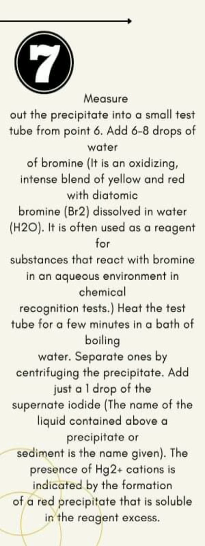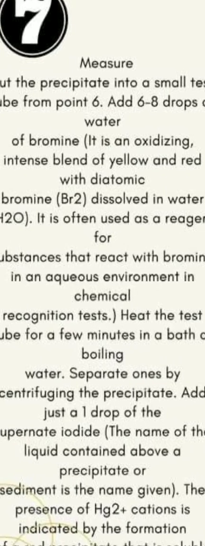Heat the test tube for a few minutes in a bath of boiling water. Separate it by centrifuging the precipitate and add just one drop of the supernatant to iodine. The presence of mercuric cations is indicated by the formation of a red precipitate that is soluble in excess reagent.